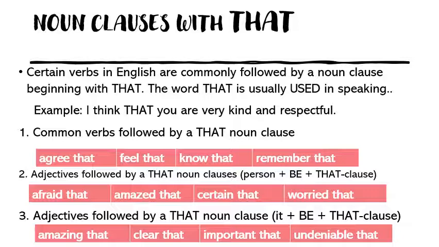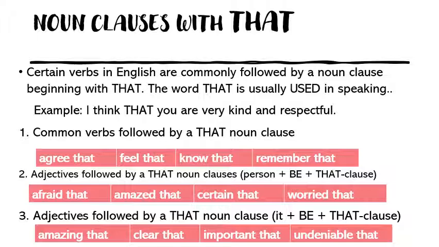Adjectives can also be followed by a that noun clause. If the subject of the sentence is a person, these adjectives can include afraid, amazed, certain, worried. For example, I could say, I am amazed that we can continue to learn even though we must stay at home.